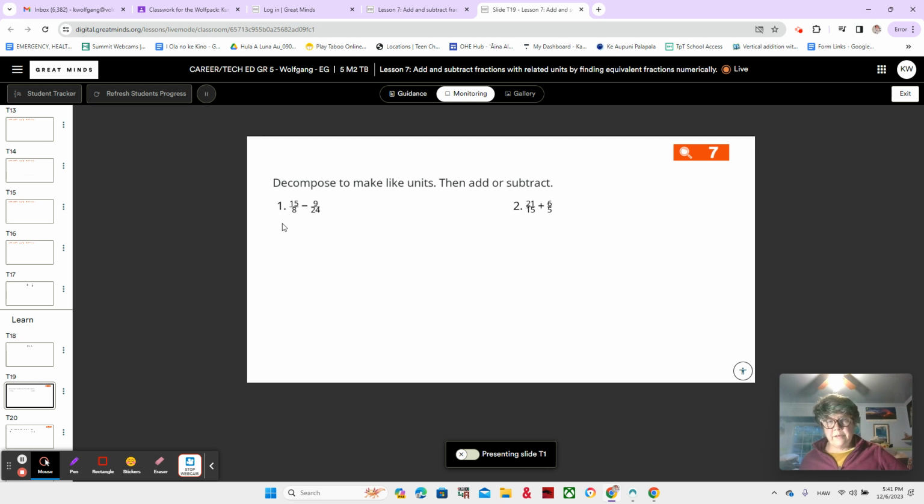So we're going to be making our 15/8 into more parts. So let's take 15/8. Now think about 24, right? We're going to change it into 24 parts because it told us to decompose, right? That means to make more parts.